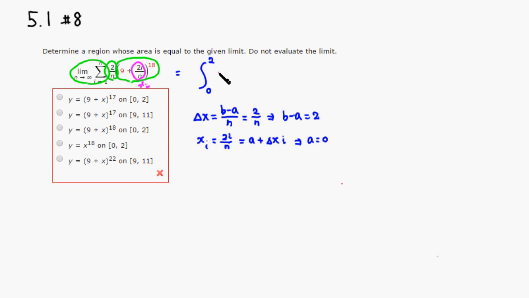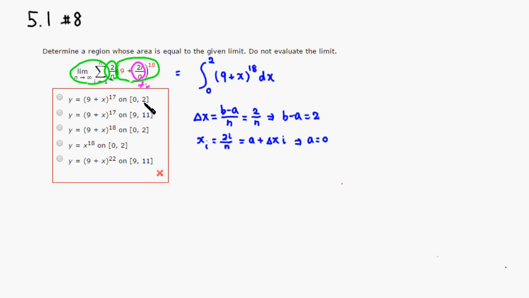So f of x is going to be the quantity 9 plus x, xi turns into x, and the power is 18, and delta x becomes dx. So it looks like this is the area under the graph of (9 plus x) to the 18th power from 0 to 2.